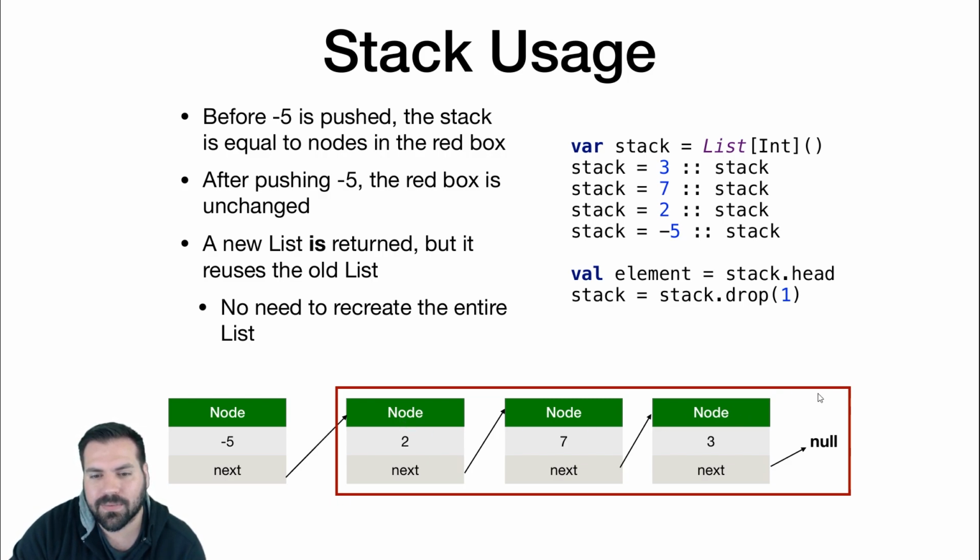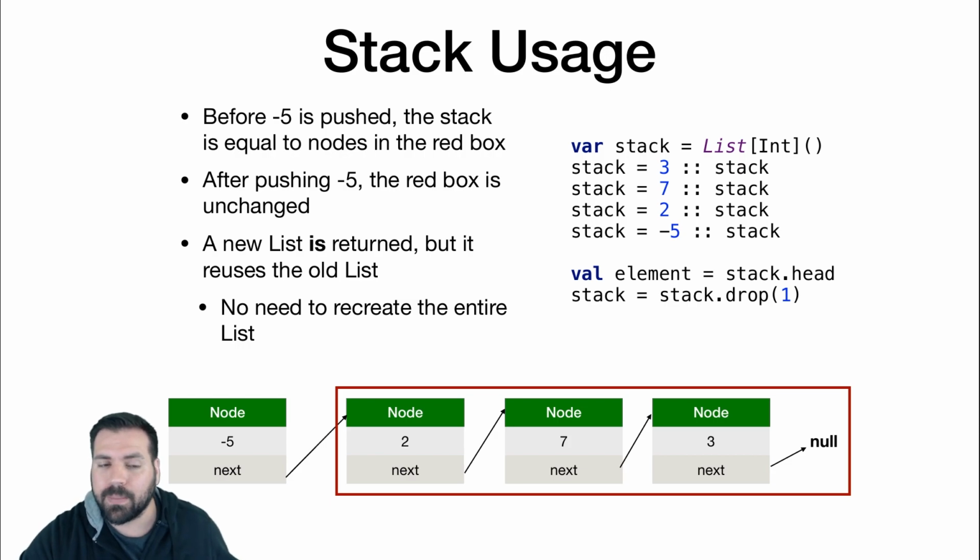So this rectangle here, which is the state of stack, is referring to this node right here at this point in the code. And when we want to prepend 5 to it, we're not actually destroying the stack or copying it or creating a brand new list.